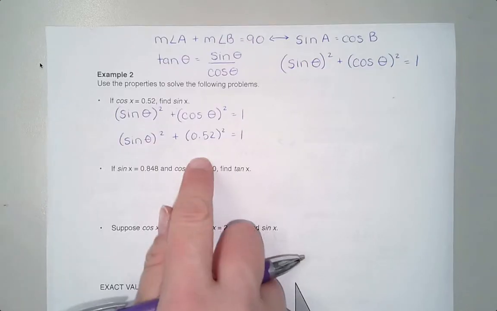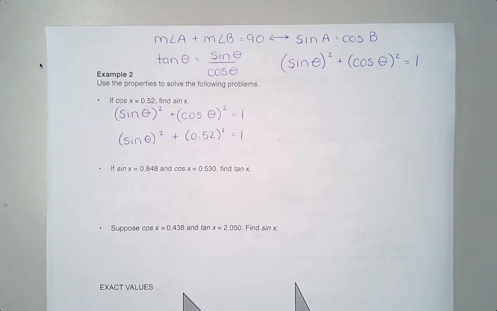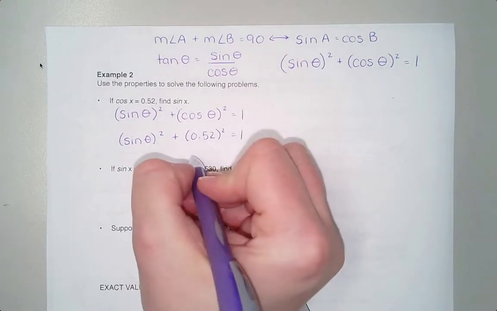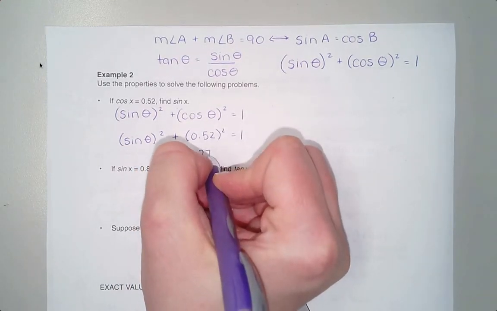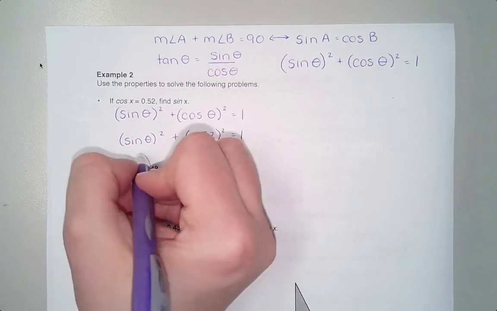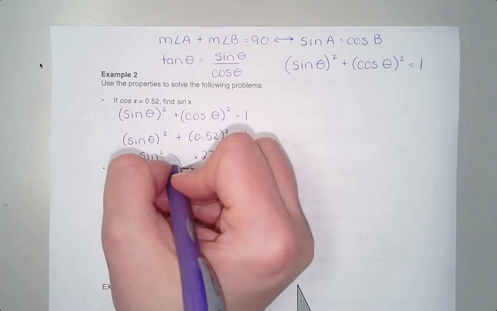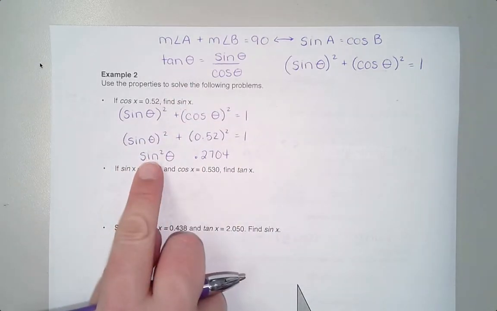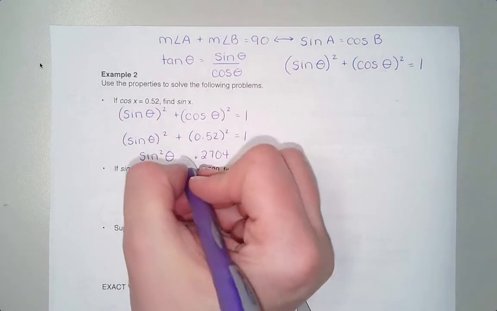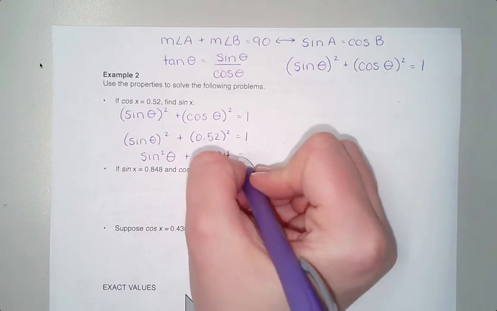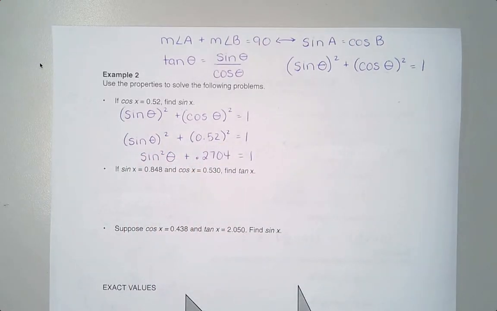Let me evaluate 0.52 squared. Looks like I get 0.2704. So sine squared, whoops, this is another notation for sine of theta squared. Sorry, hope that didn't confuse you. Plus 0.2704 equals 1. So now what?